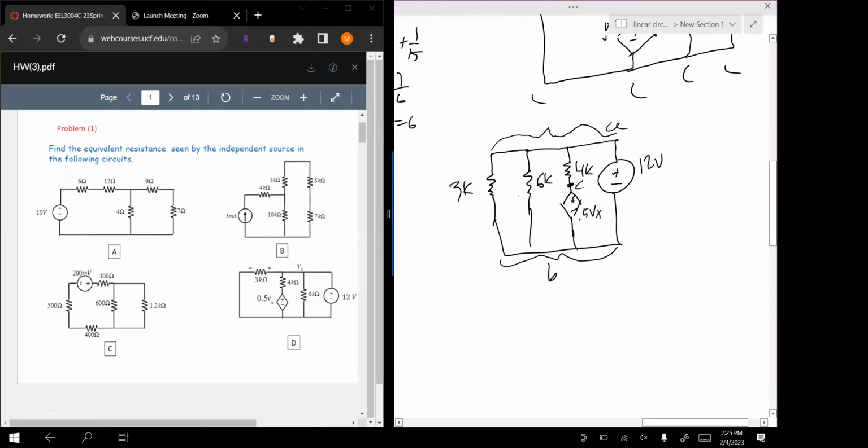So let's just combine those two resistors, right? We have 1/3 plus 1/6 equals 1 over R equivalent. I'm going to get 2 ohms as the R equivalent value. That's not our final answer though.